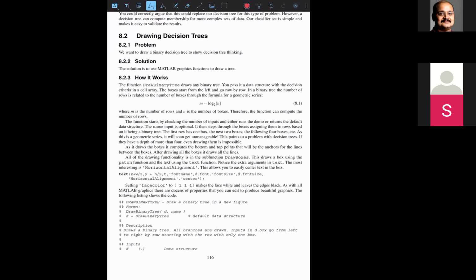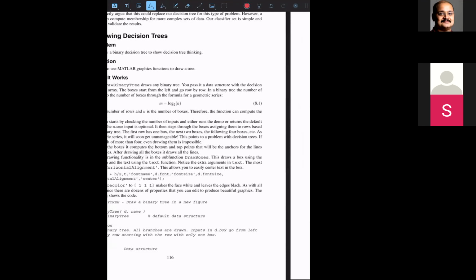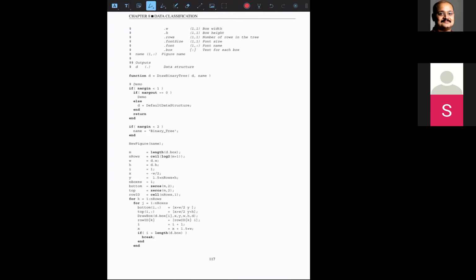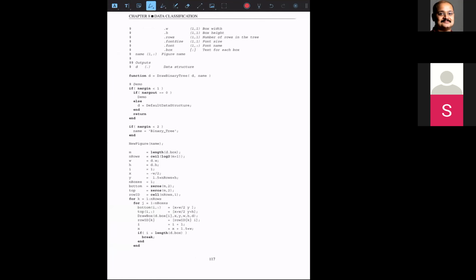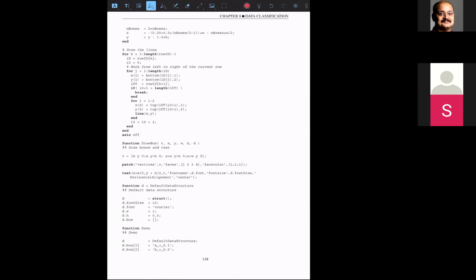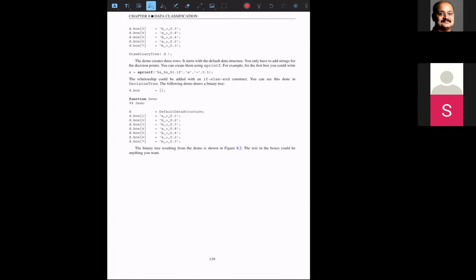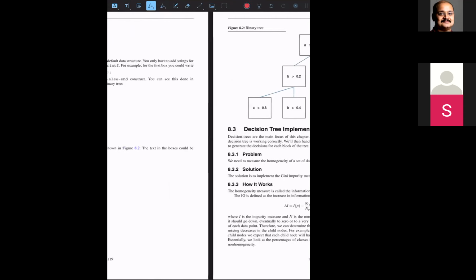So you will have to look at the codes in chapter 8. Here is the whole code. Then there is a code for drawing the boxes, and the code for drawing the binary tree. What I want you to do is, finally, run this code, which is called function demo. Just run this code.